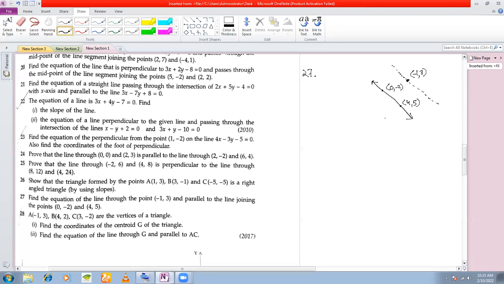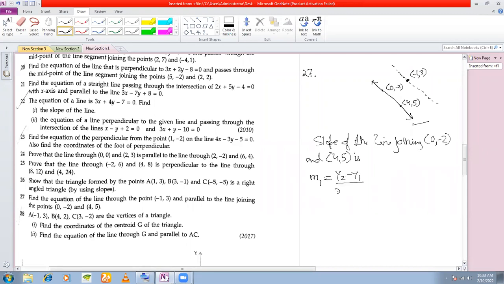First of all, you find out the slope of this line. How do you find out the slope? Slope of the line joining 0, minus 2 and 4, 5 is m, let's call this m1.